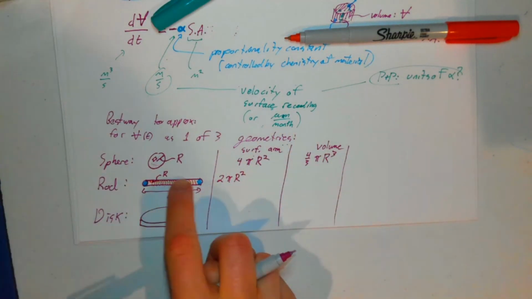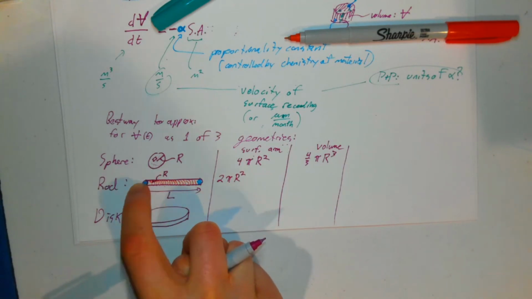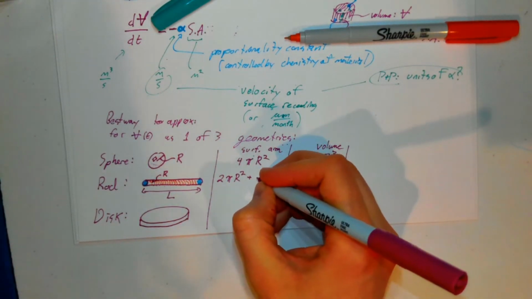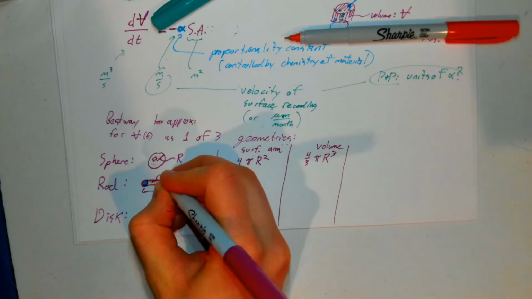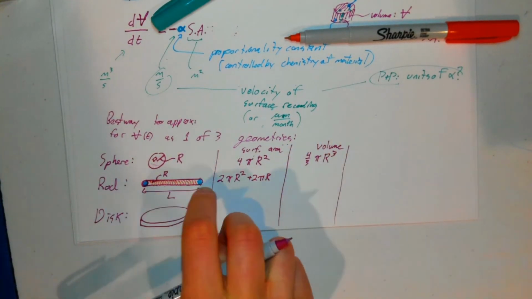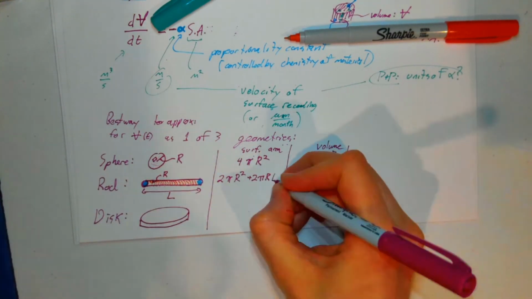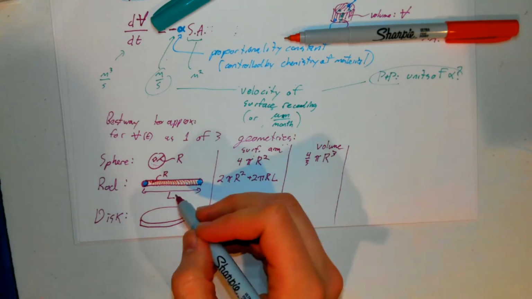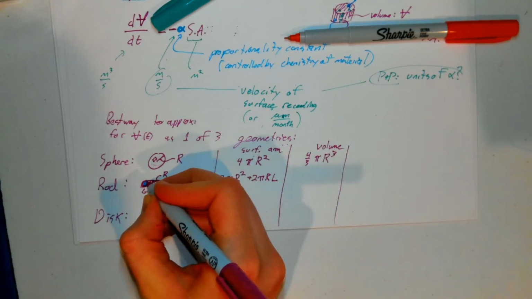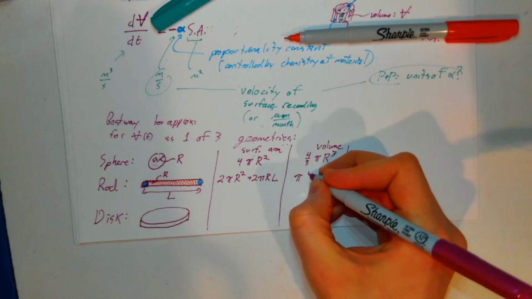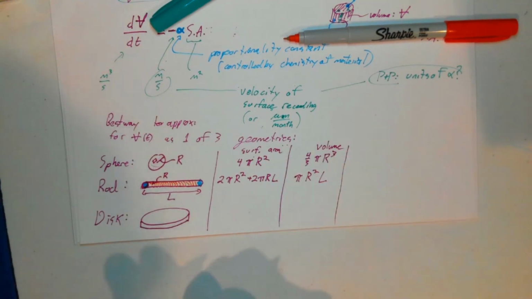And then we have the circumference times the length for the other component. The circumference would be 2 pi r, and the other side of that unwrapped rectangle would be L. So that's the surface area of the rod. The volume is the area of this circle times the length, so it would be pi r squared L.